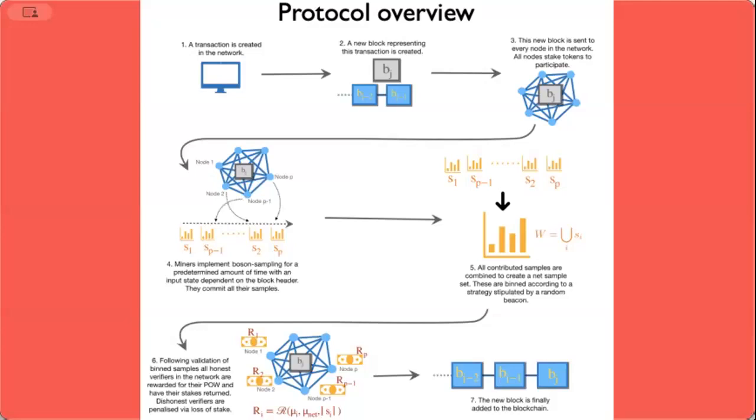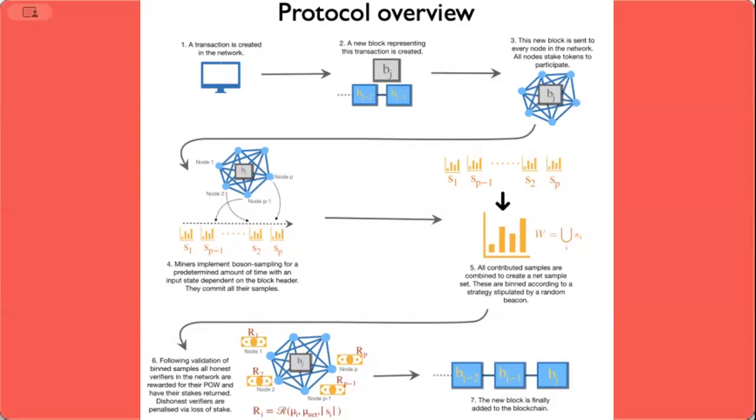It can be an external random source, or it can be something internally, like a hash of the committed samples. There are different ways of thinking about it, but all that matters is that whatever the mechanism is, the binning strategy, in other words, which sample sets go into which bin, is determined after the samples have already been committed so that people can't just pre-calculate things.